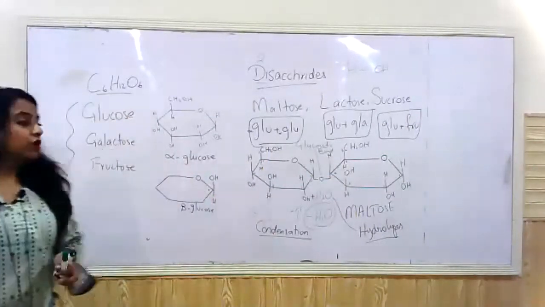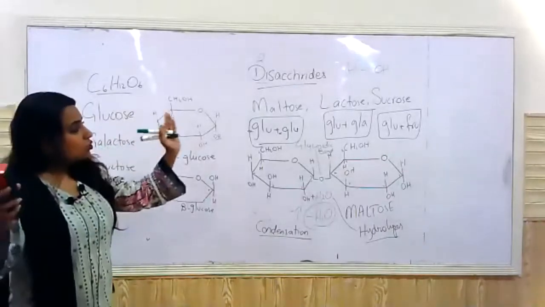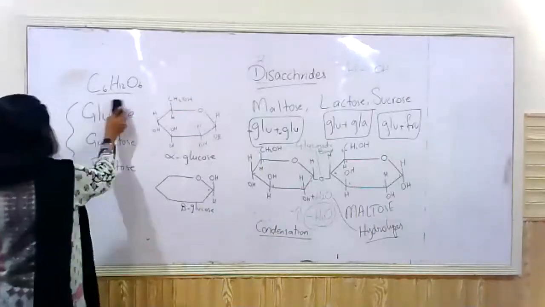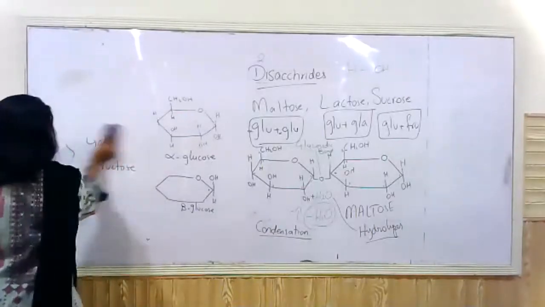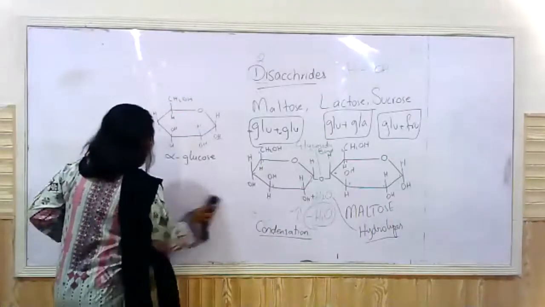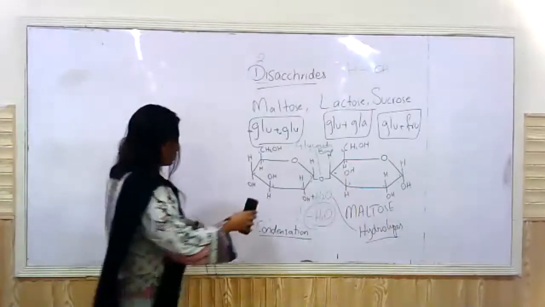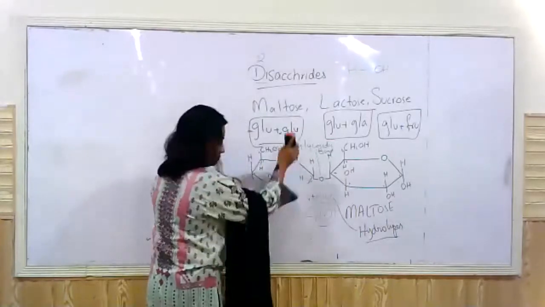So I'll just give you a quick summary of how maltose, lactose, and sucrose, all three of them, are formed. I'm erasing this up. Okay.